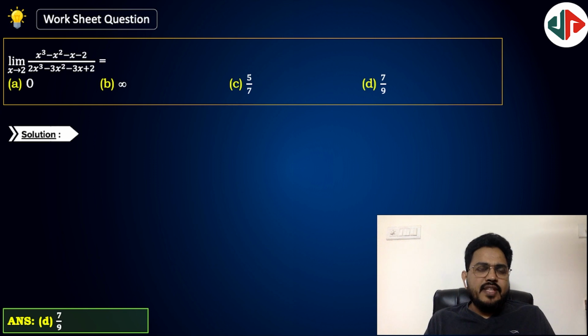So if I substitute 2 in the numerator, you will be getting 8 minus 4 minus 2 minus 2, which is 0.